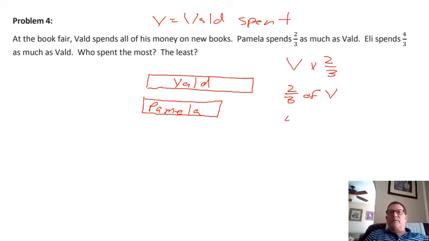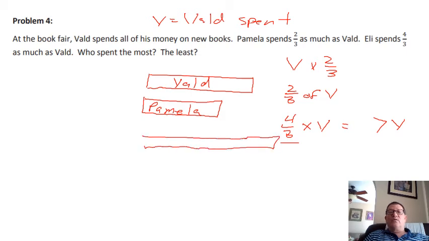So you're talking about 4/3 times whatever Valid spent. And without even knowing what he spent, I know that is going to be greater than V because 4/3 is greater than 1. So it's actually going to be V and 1/3 more. And this one here would be Eli.